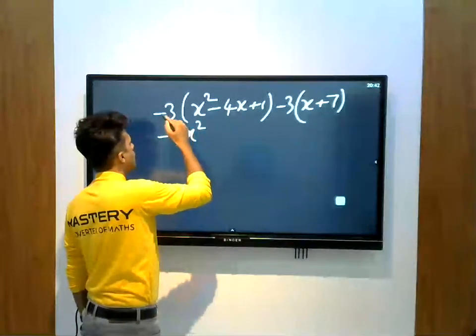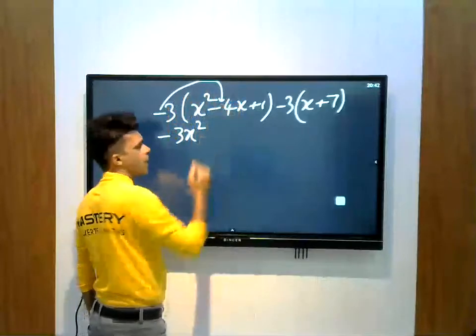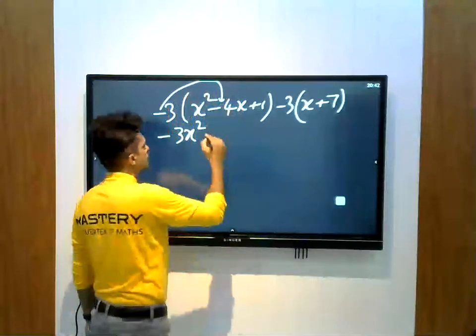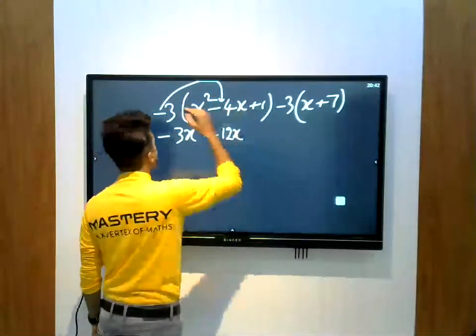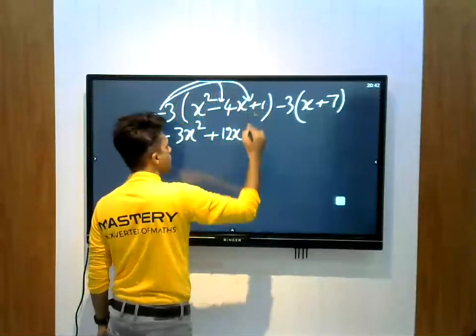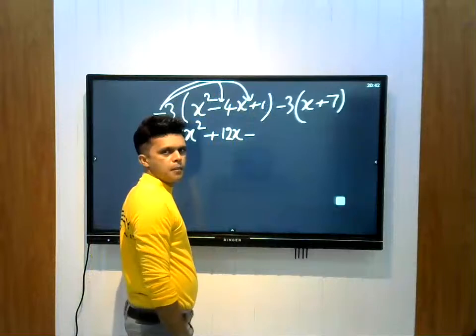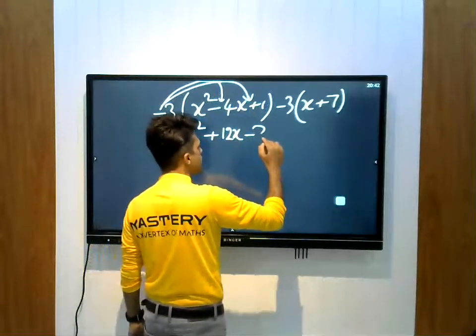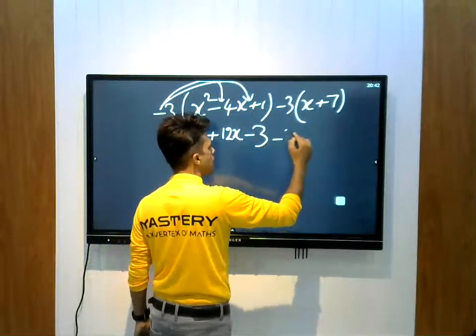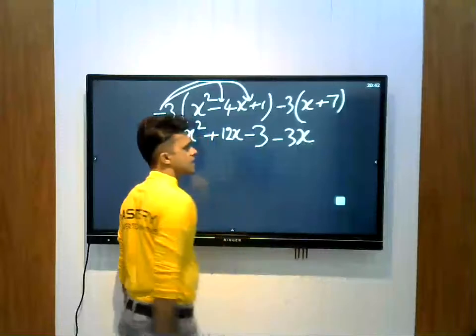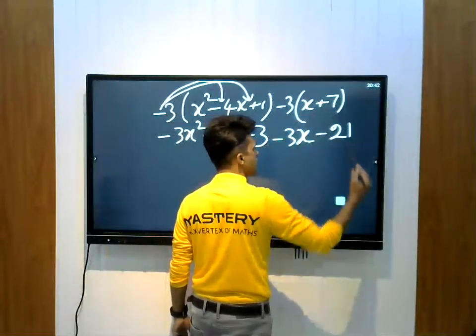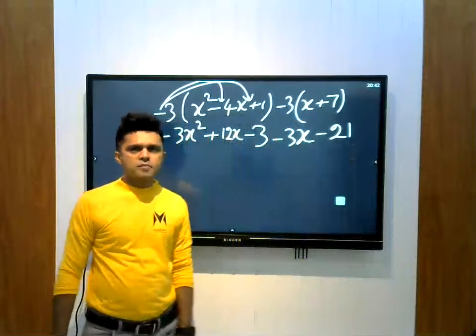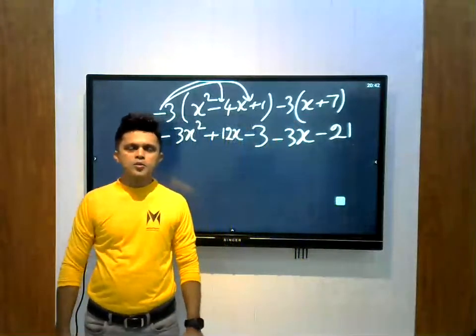Minus into minus is plus, 3 times 4 is 12, 12x. Minus into plus is minus, 3 into 1 is 3. Minus into plus is minus, 3 into x is 3x. Minus into plus is minus, 3 times 7, 21.